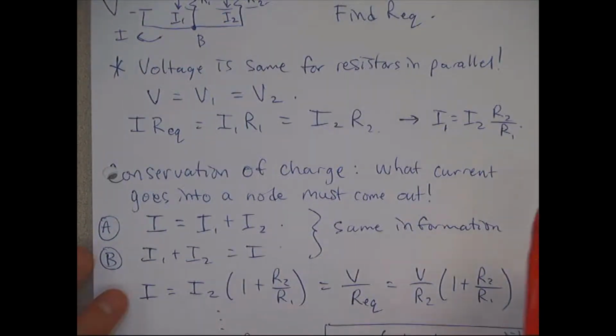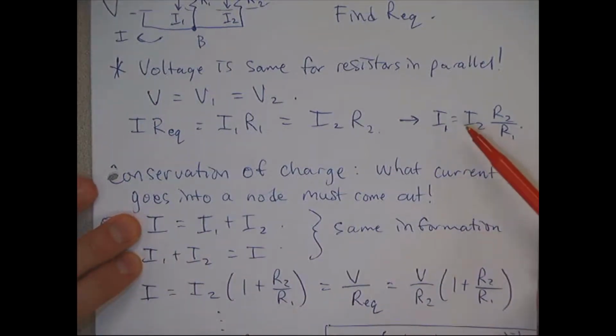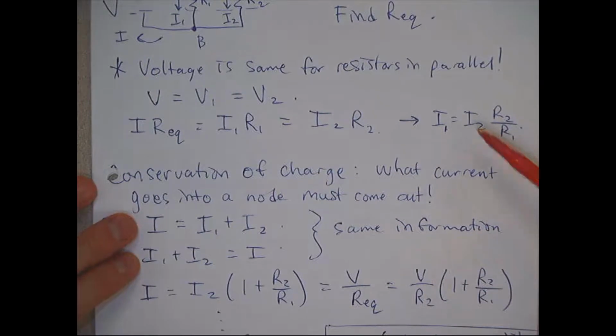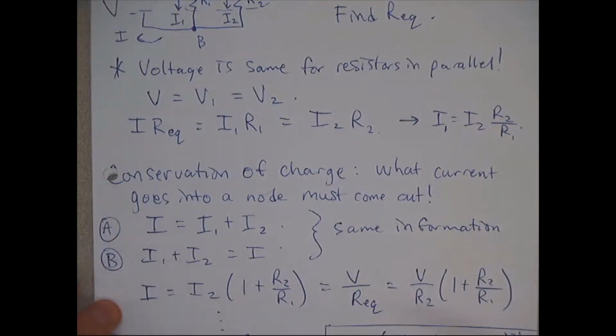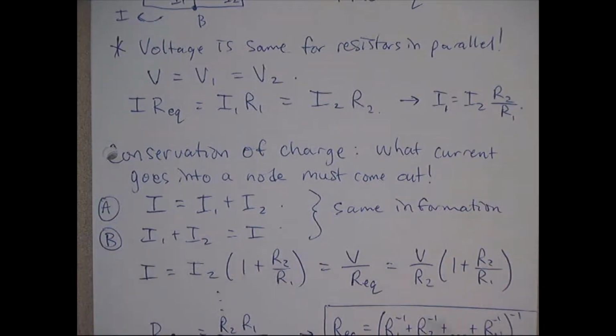So you see, given our relationship between total currents and eliminating current I1 from the expression using the equal voltage relationship at the top, we have that the equivalent resistance here, with a little bit of algebra, is the inverse of the sum of the inverse resistances.